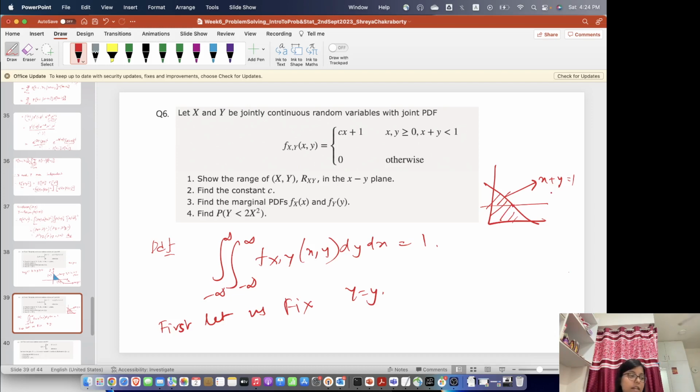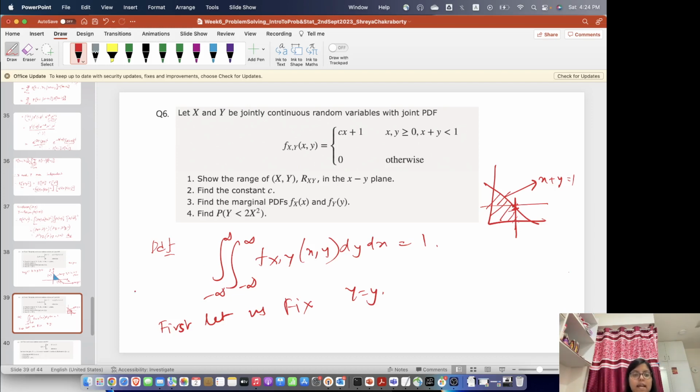Let us fix a certain x. Then y can move from 0 to 1 minus x.